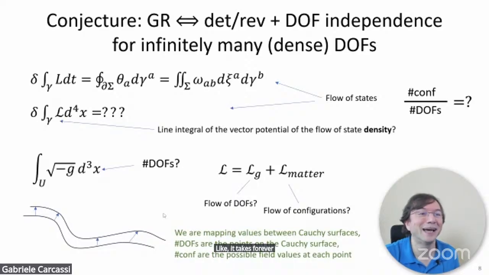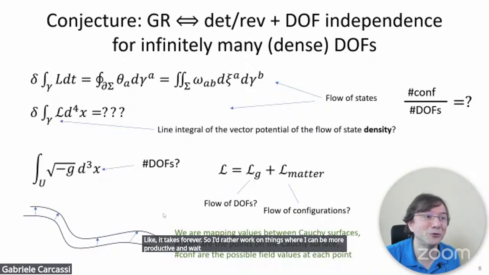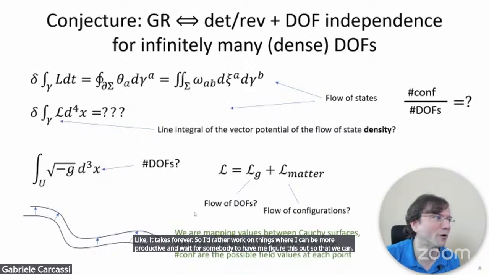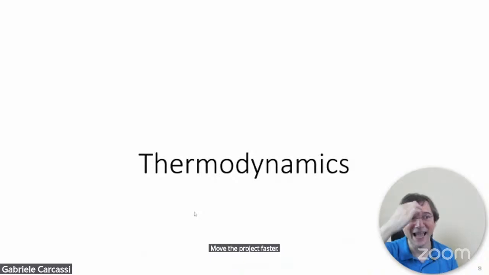So I'd rather work on things where I can be more productive and wait for somebody to help me figure this out, so that we can move the project faster. So that's as much as I'm going to say about field theory.